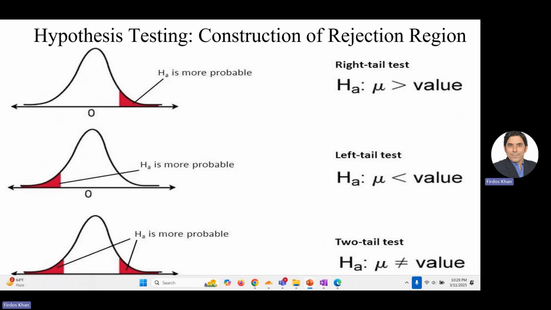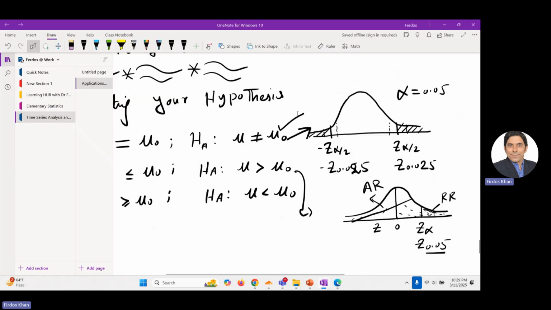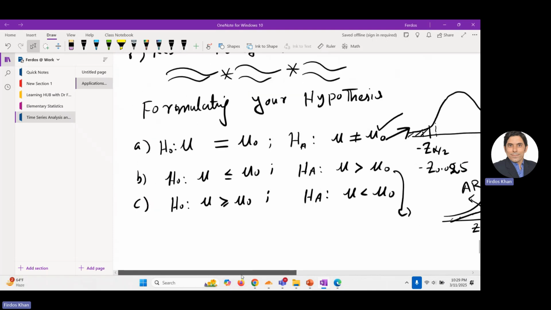In this video, we explain how to construct the rejection region, which is one of the important points in the hypothesis testing procedure. We can formulate our hypothesis in three ways. The first way is the null hypothesis mu is equal to mu naught, where mu naught is a specific value of mu, like the average income, the average CGPA, or the average height.